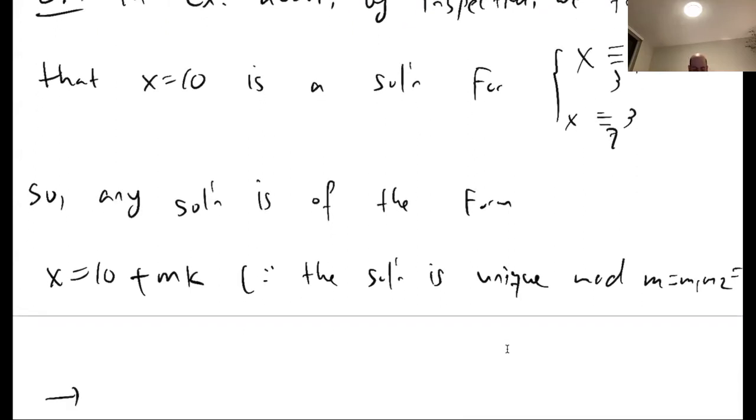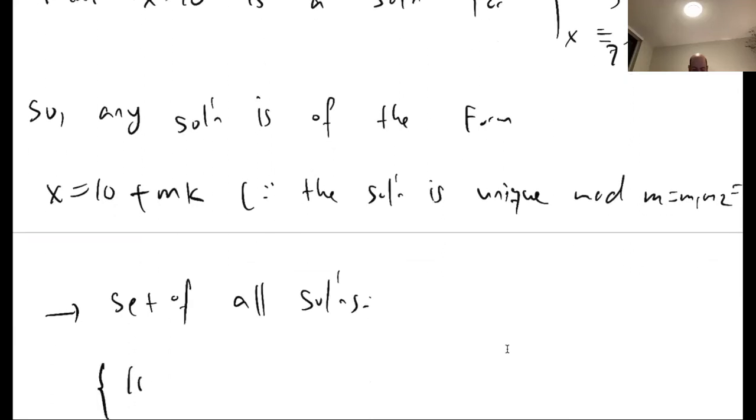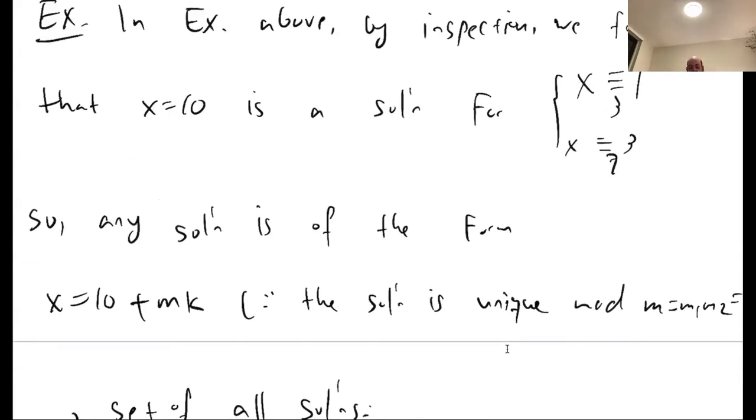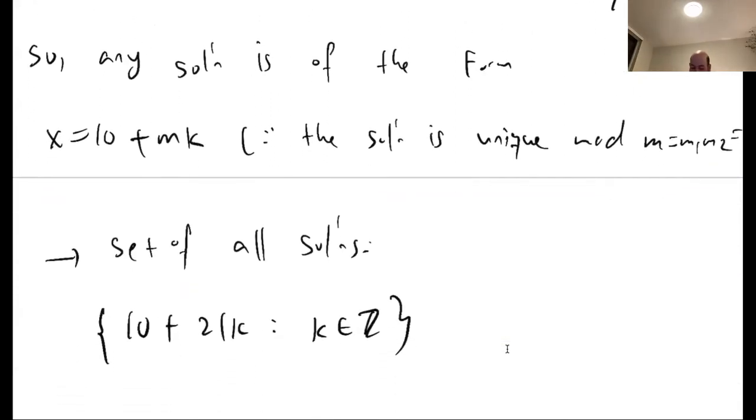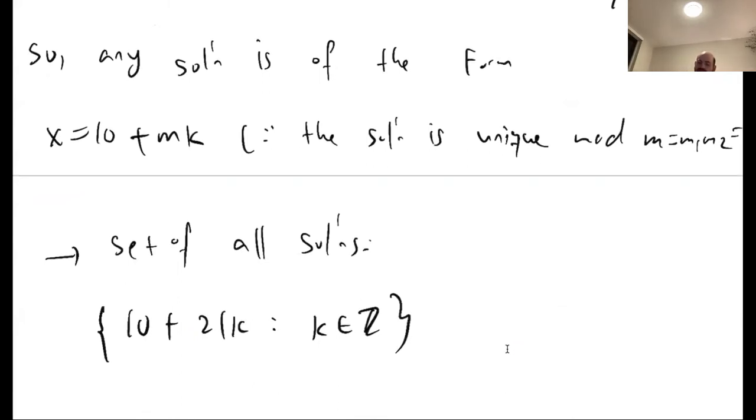That means the set of all solutions is 10 plus 21K, where K comes from Z. So 10 is one of them. If you need the next solution, it is going to be 10 plus 21, which is 31. We can check that 31 is 1 mod 3 and 31 is 3 mod 7, and so on. So the next solutions will be 10 plus 2 times 21, 10 plus 3 times 21, and so on.